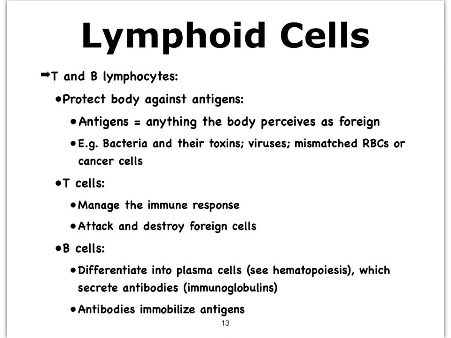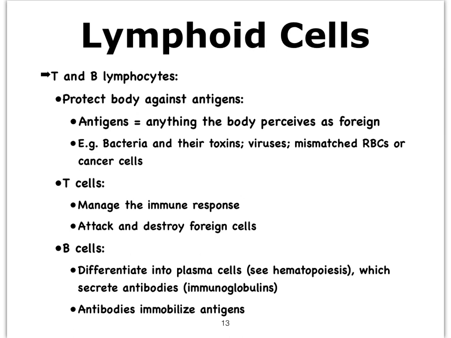Let's not forget what an antigen is. An antigen is anything that our body recognizes as not self, not a particle of one of my cells. This is a particle that I don't recognize. It looks foreign. That is what we call an antigen.